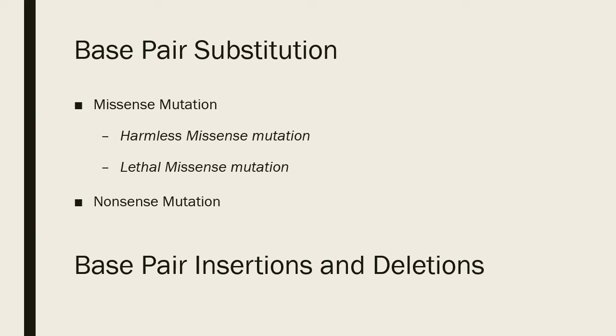The first is called missense mutation. What does missense mean? In this case, altered codons still code for amino acids and thus make sense, but this sense may not be the right sense. That's why it is called missense mutation.